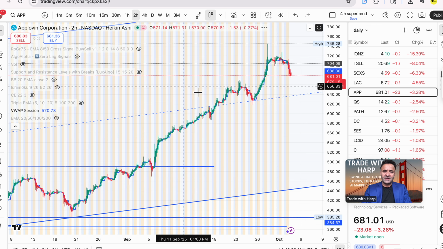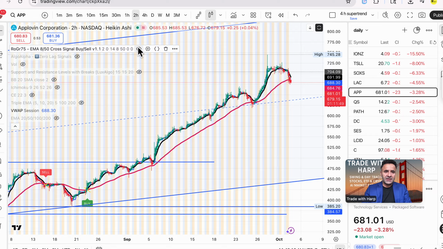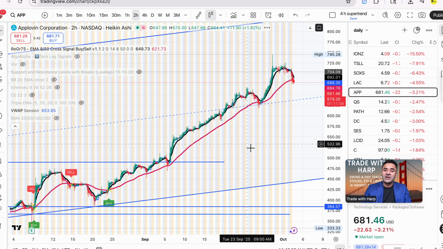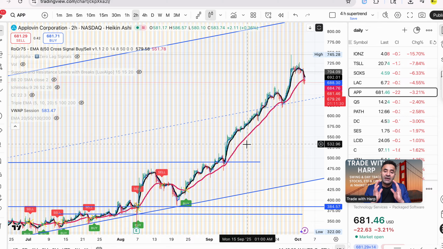If I'm seeing here in the 2-hour chart, let me turn on my EMA, here you go. Whenever price comes to the 50 EMA on a 2-hour chart, price goes up, touches here, goes up. Now touches up here and goes up here. So sometimes all indicators don't work the same, because every stock is different.